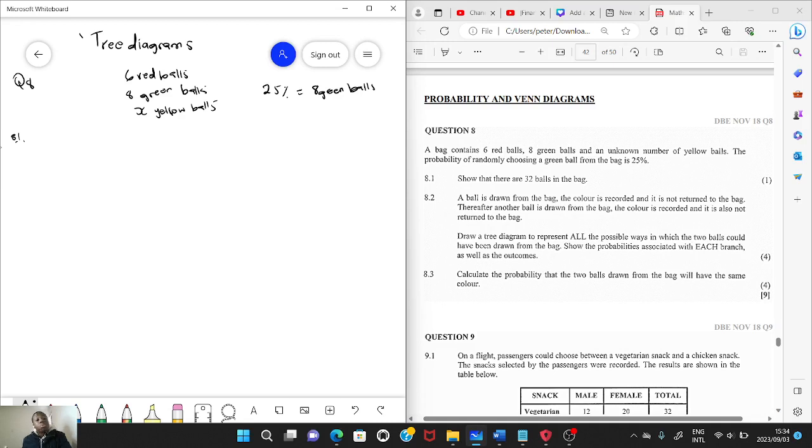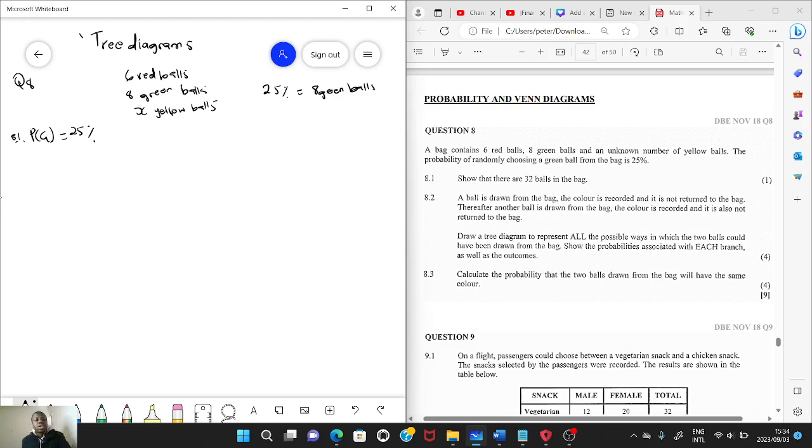Now, this is something that we have to use, right? 25%, meaning that 25% of the balls, listen carefully, are the green balls, and we know the number of green balls, right? Since we know the percentages that the numbers hold in the bag, we can find the total numbers.